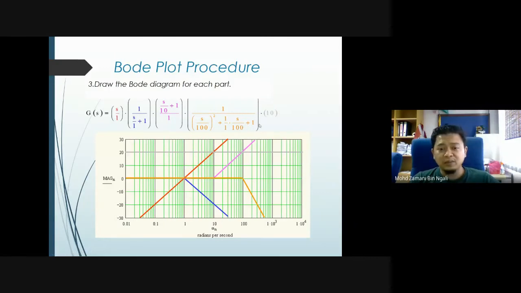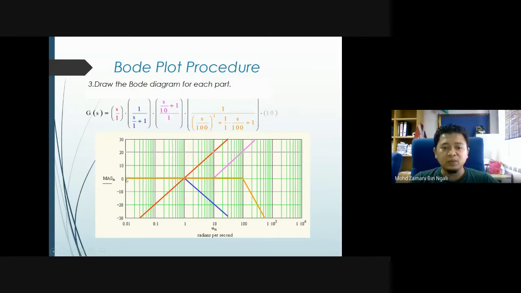The next step is to add up the values of all these lines. We start from 0.01, for example. We can see that we have all 5 lines. We have the red line here, and the blue line here, so 0. Red plus 0 plus magenta is 0 also. Orange is 0 also.